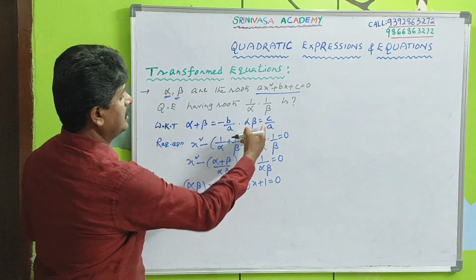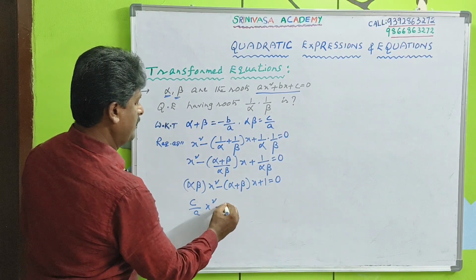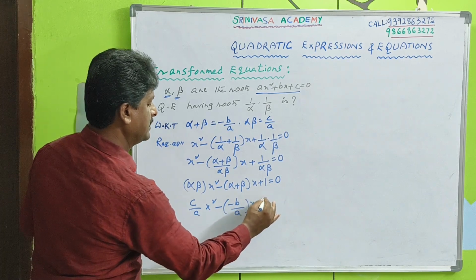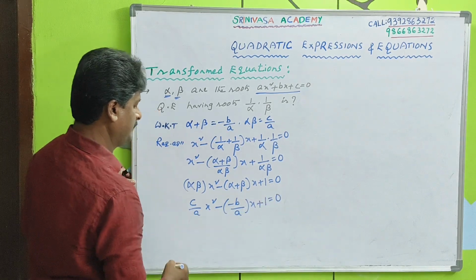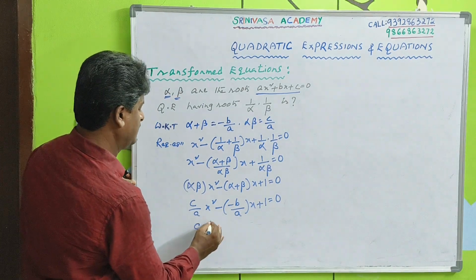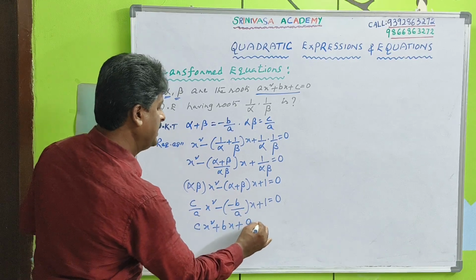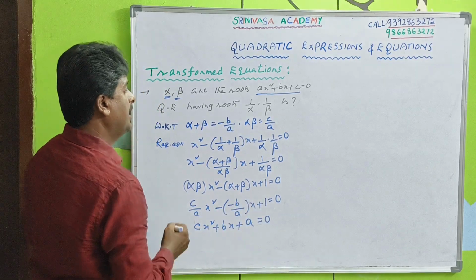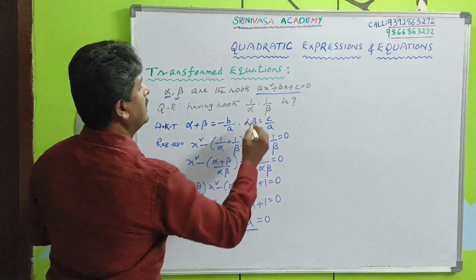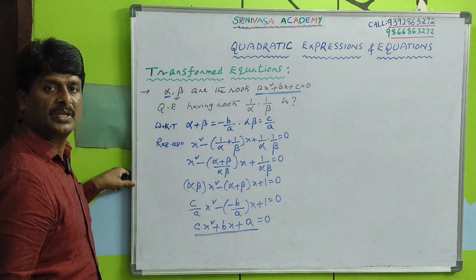See, alpha beta is c by a, x square minus of alpha plus beta, minus b by a, x plus 1 is equals to 0. After simplification we get cx square plus bx plus a is equals to 0. But it is not looking like ax square plus bx plus c is equals to 0.